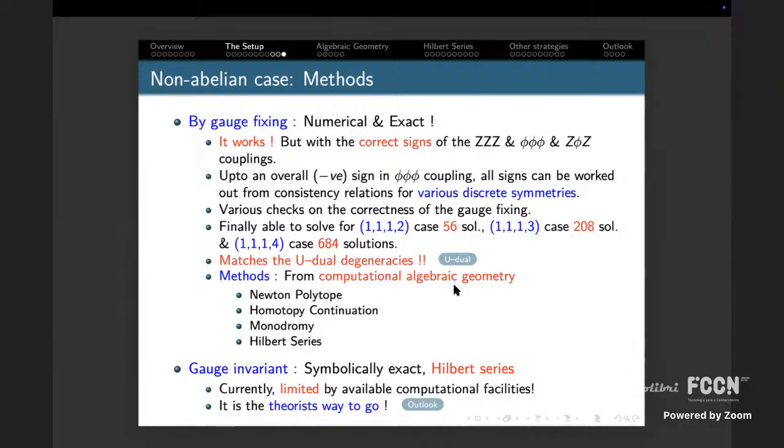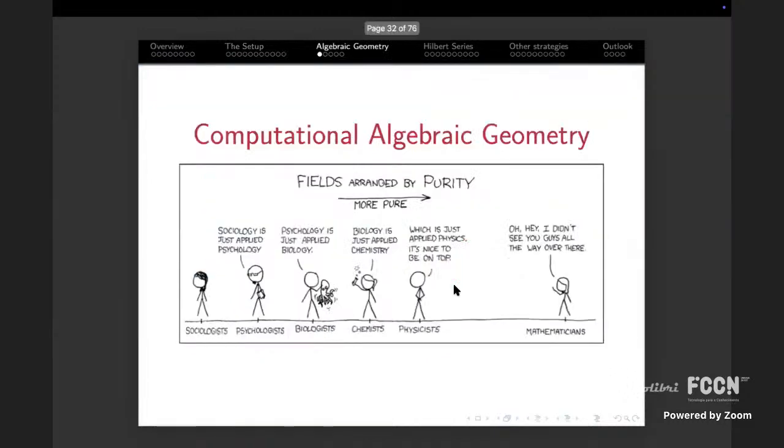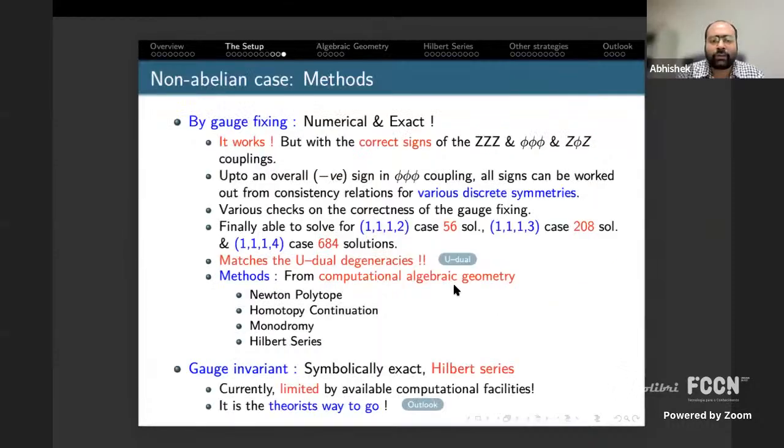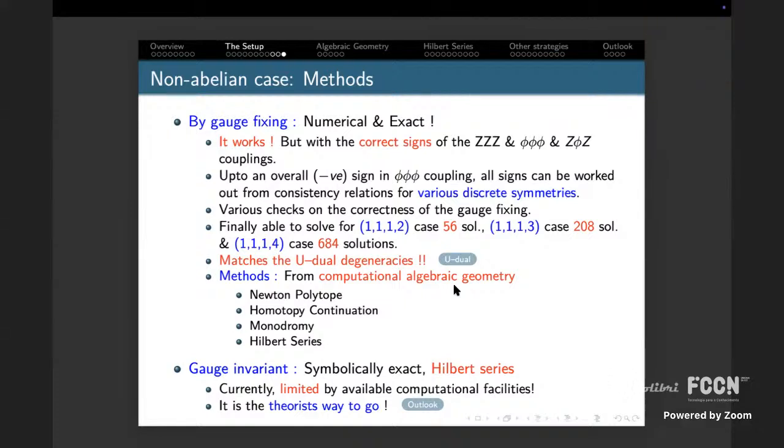Okay, thank you. And if you change the order, it doesn't really matter much because we have these discrete symmetries. Okay, thank you.